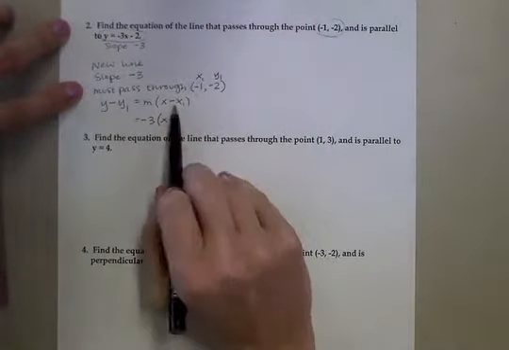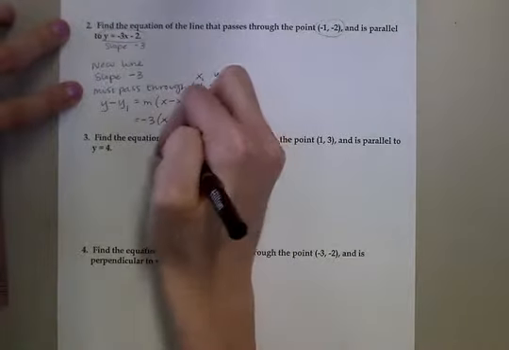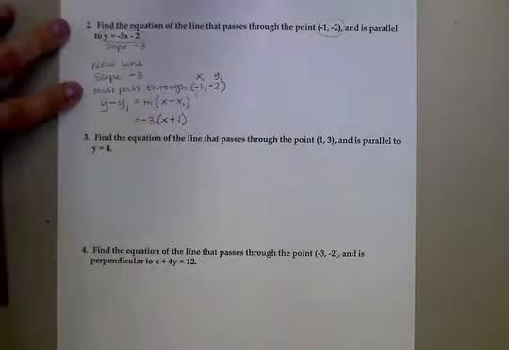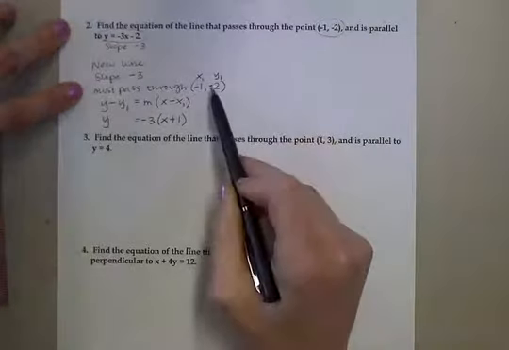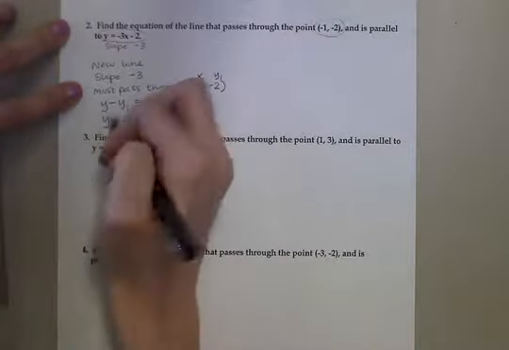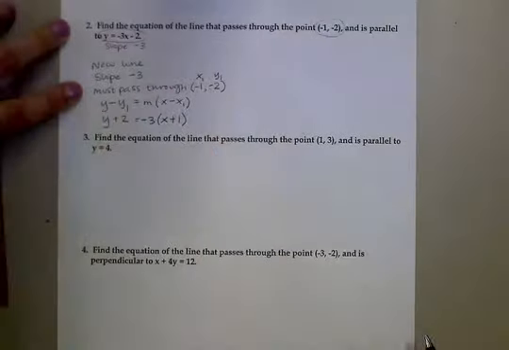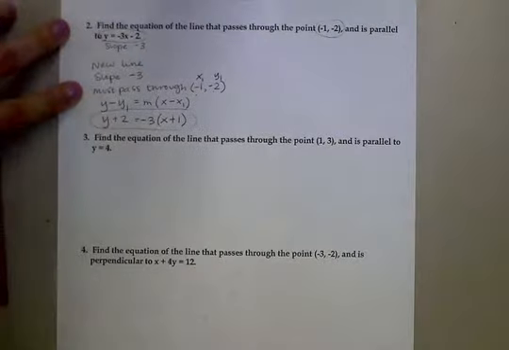So x minus x1, minus -1, which is the same as adding 1. And then on this side, we have our y minus y1, and our y1 is -2, so minus -2 is the same as +2. Okay, so this equation would be the one.